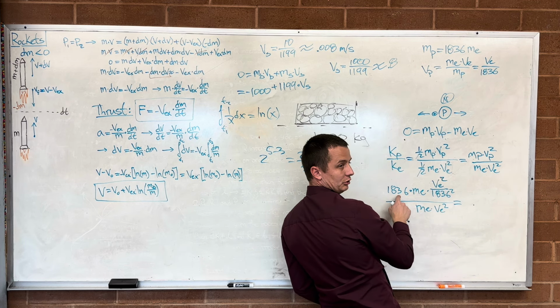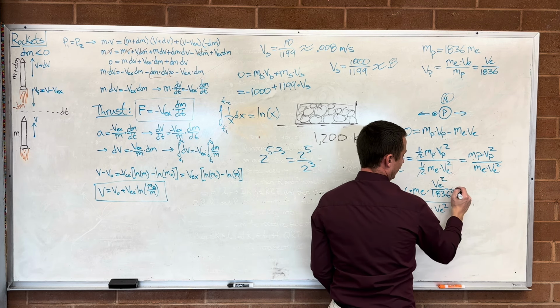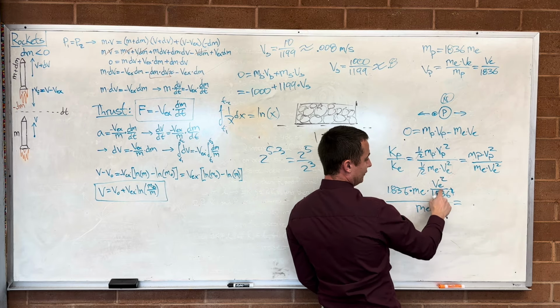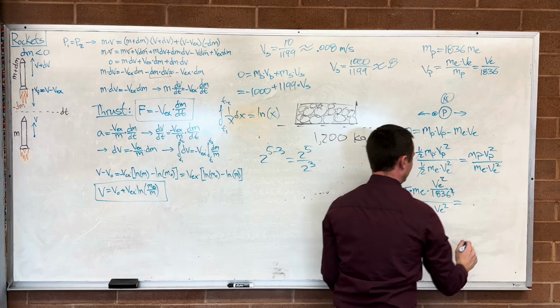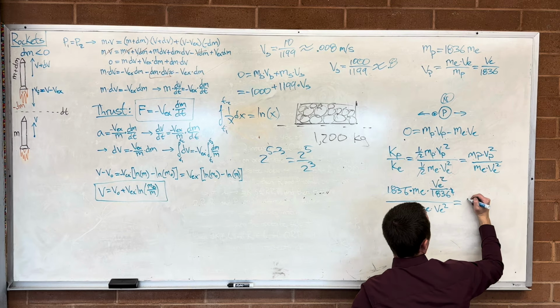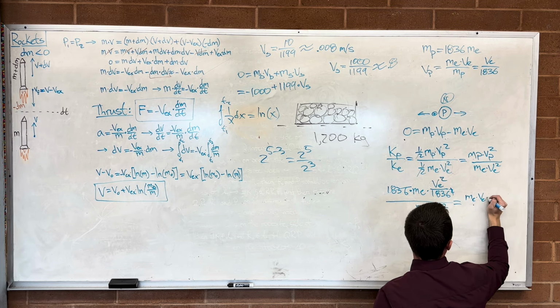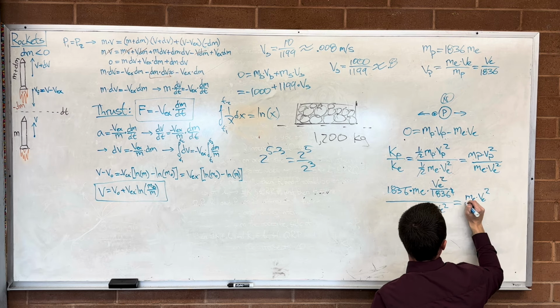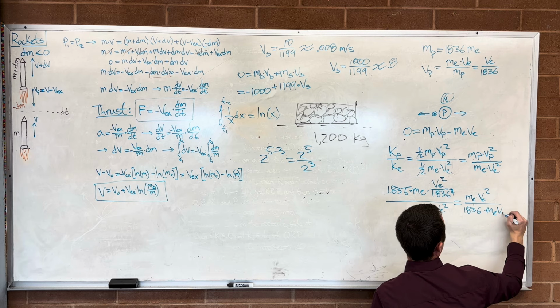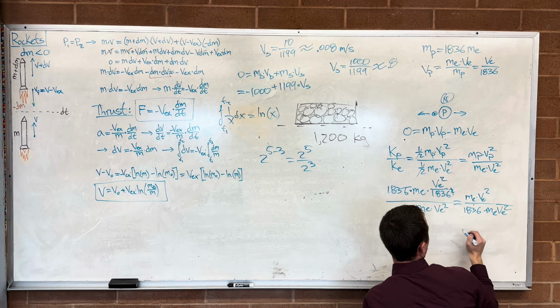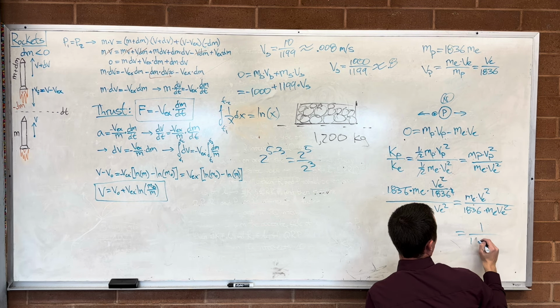One of that cancels with one of those, so that gets rid of that, and that gets rid of that. Dividing the numerator is the same thing as sticking it on the denominator. So this is going to be me times ve squared all over 1836 times me times ve squared. It's the same thinking that allowed you to cancel it.